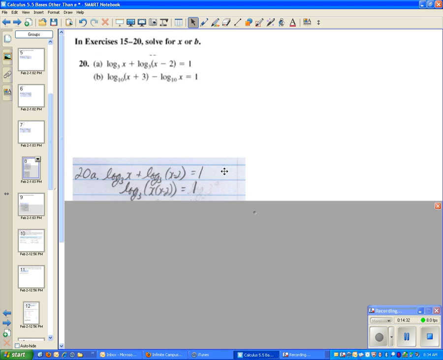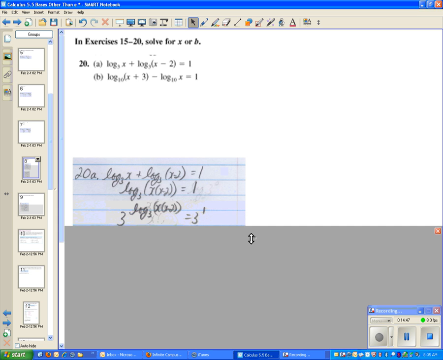Remember also what we would do when we would exponentiate both sides? Let's try that. But instead of a base of e, we should use a base of 3. So instead of e-ing both sides, we're 3-ing both sides.